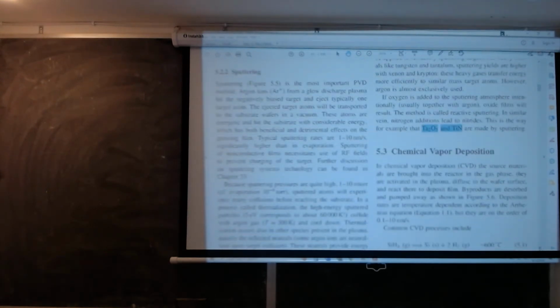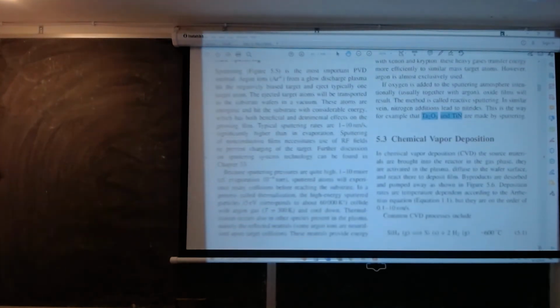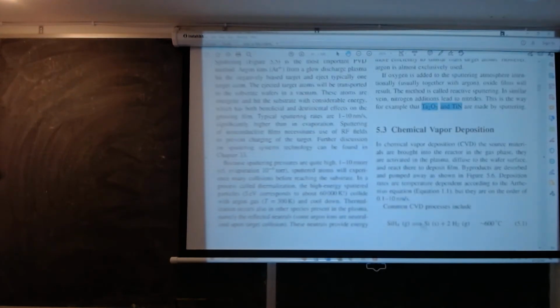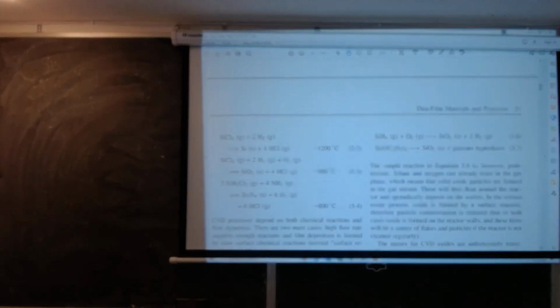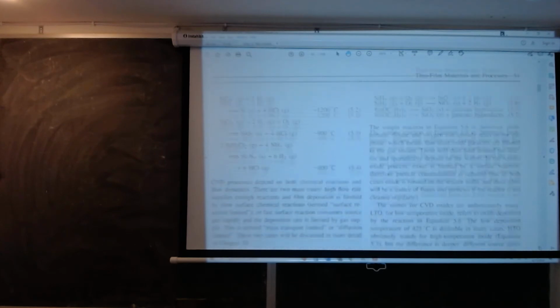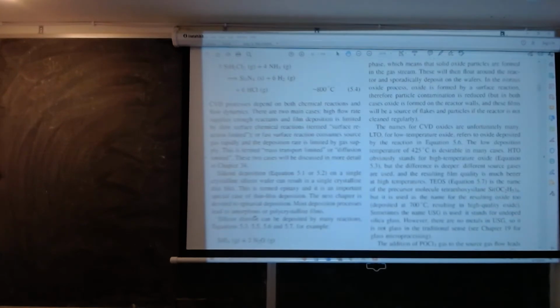In chemical vapor deposition, you have various gases present, like silane, that undergo chemical reactions, still in a plasma, and when you have these chemical reactions taking place, it can result in molecular structures being deposited.